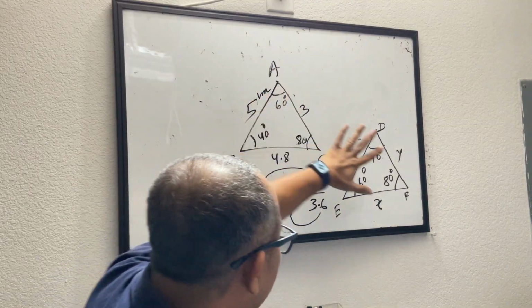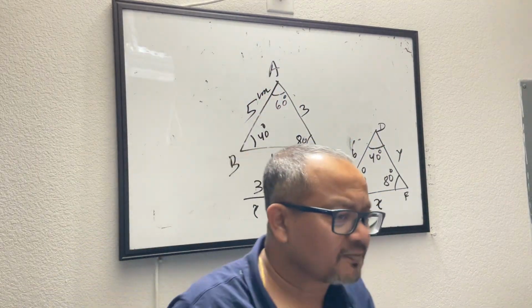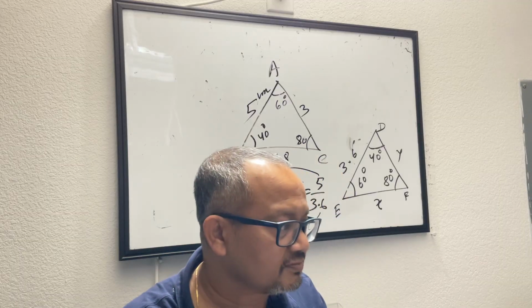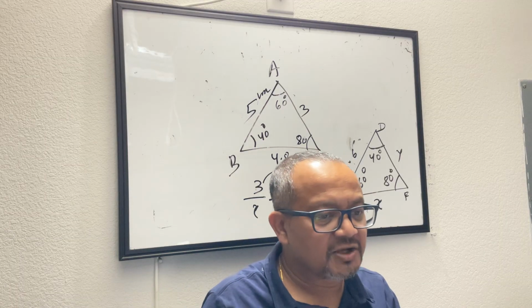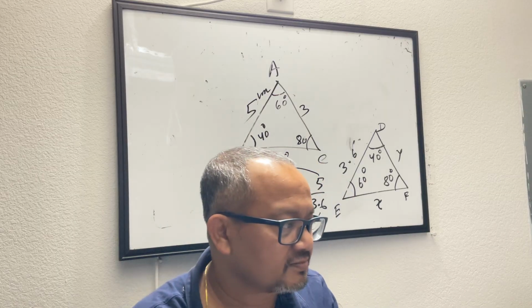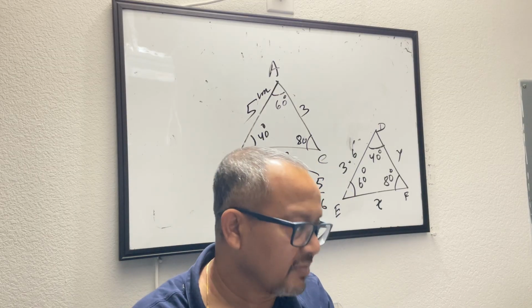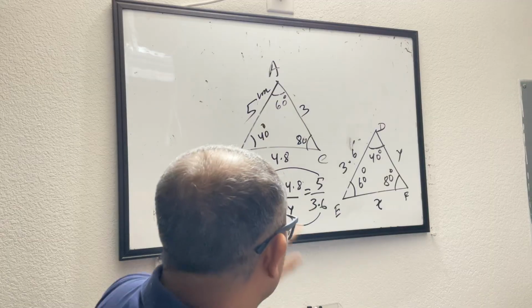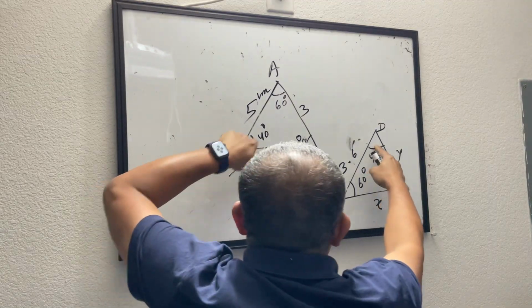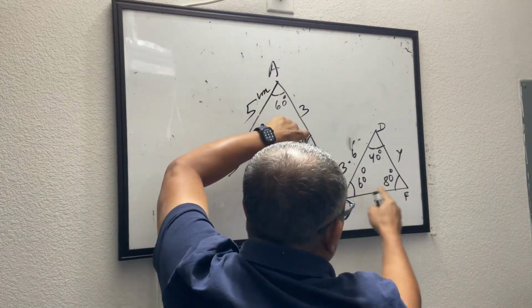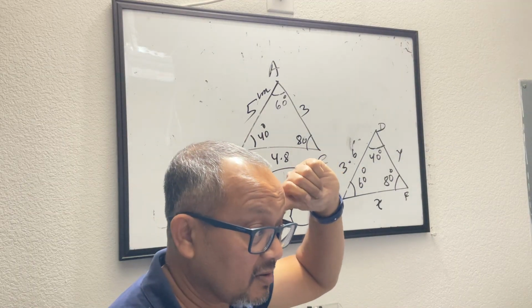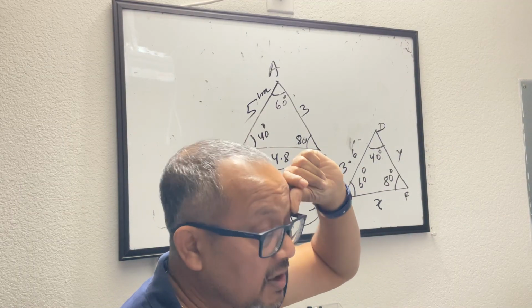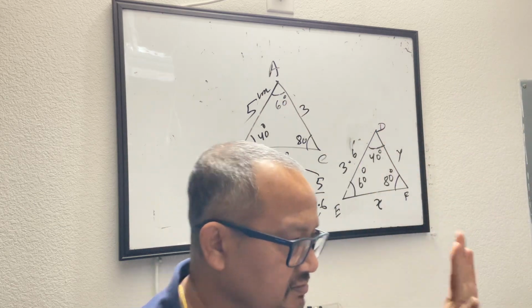So if I have two triangles similar, what is the basis for calling them similar? Their angles are matching. Angles are matching. Matching, not same.